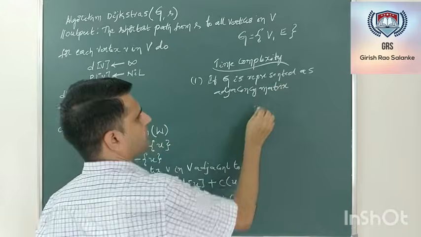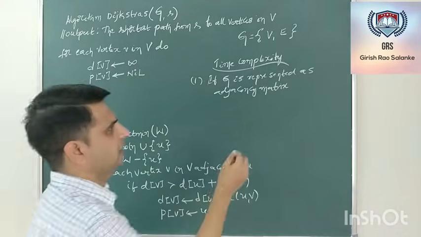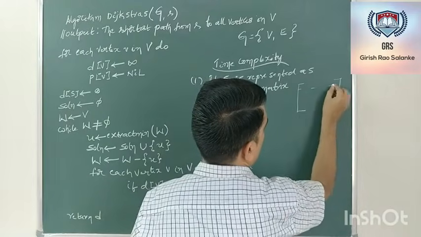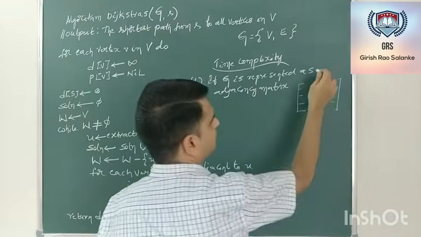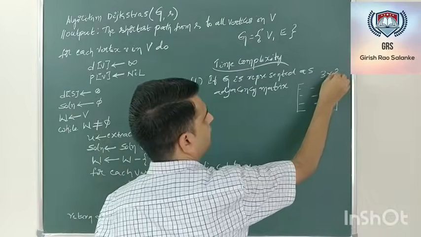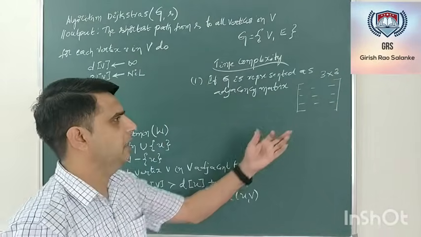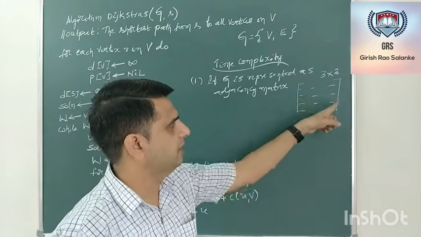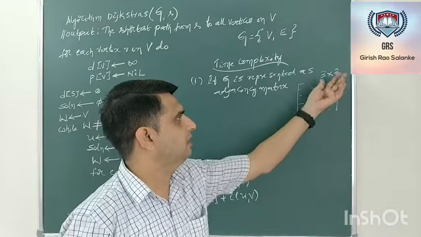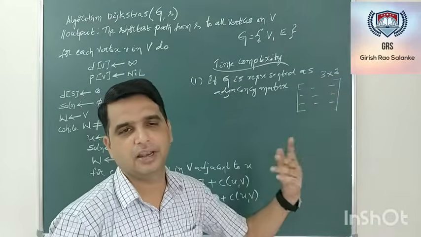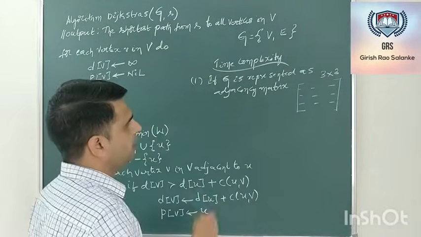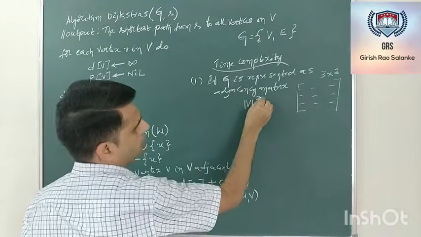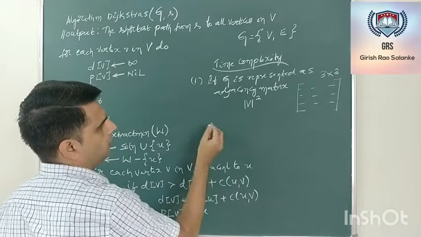If there are 3 nodes in my graph, my adjacency matrix will have 9 entries, 3 cross 3. To find the shortest path with the help of this adjacency matrix, I need to go through all the locations of this table. This table order is 3 cross 3, where 3 is the number of vertices. So if it is represented as an adjacency matrix, then the efficiency is order of V square.